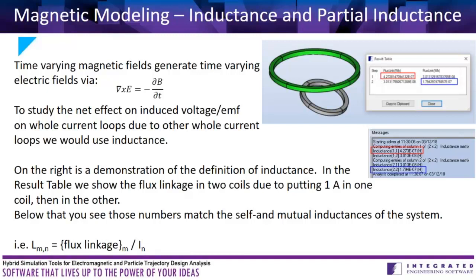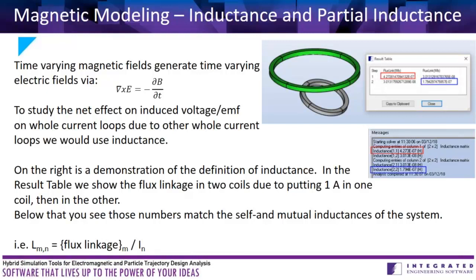So again, if we do a fields mode comparison, here is a result table showing if I put 1 amp in the top loop and then look at the flux linkage in the two coils, then put 1 amp in the bottom loop and look at the flux linkage in the two coils. And then I solve in circuit parameters mode and see the inductance reported, you see that they're the same thing.